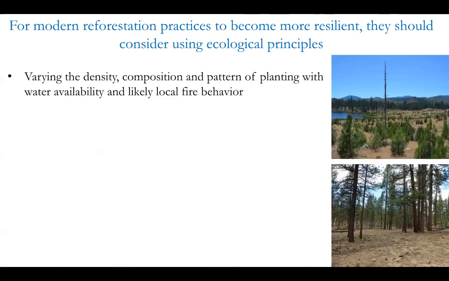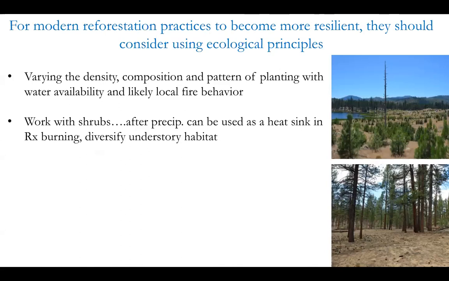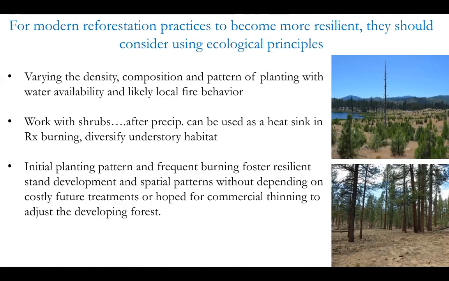These include varying the density, composition, and pattern of planting with water availability and likely local fire behavior, and working with shrubs, so recognizing their competitive role, but recognizing also the potential value that they have as a heat sink in prescribed burning done under appropriate conditions, and also as a habitat feature of the landscape, where you may not want a completely barren understory of your planted stand, and yet you may want a more variable understory diversity component.